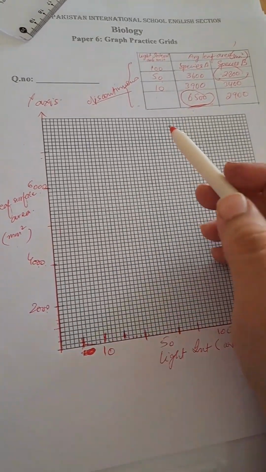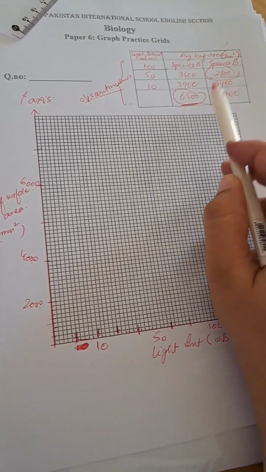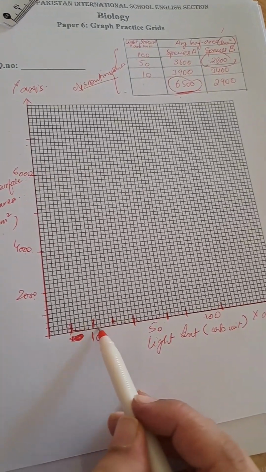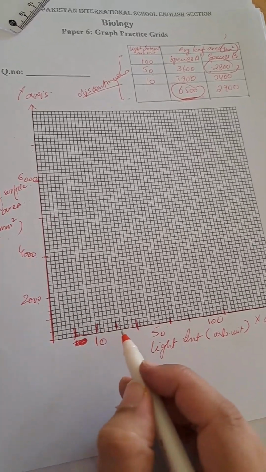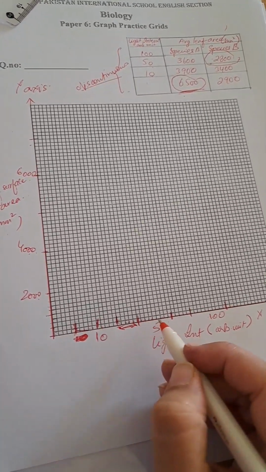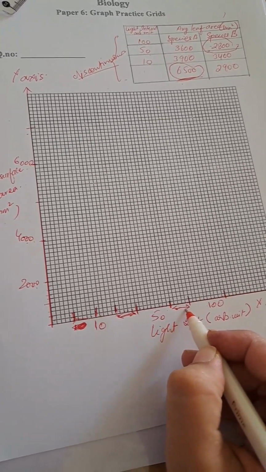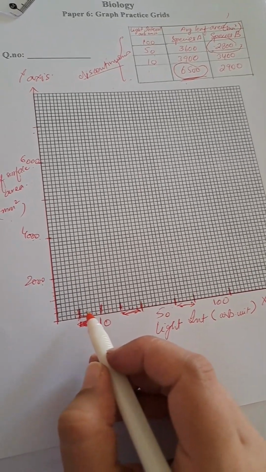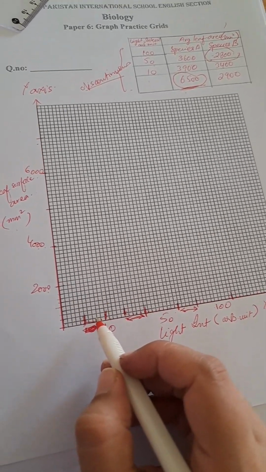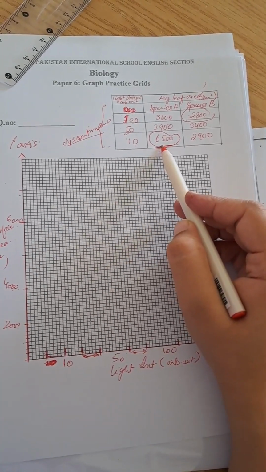Now the comparative values that you have, these 2 bars are always shown together. This is going to be the space that you leave between the different categories. This space should be equal, whereas the bars that you make will have no space in between, they will be side to side. So the value that you'll have to plot at 10 arbitrary units for species A is 6500.